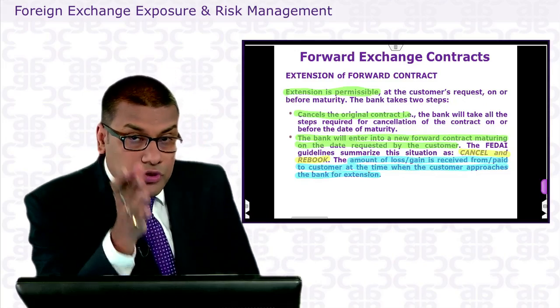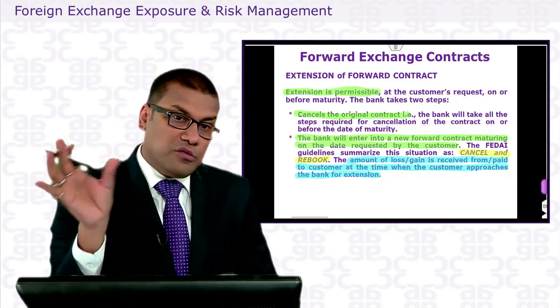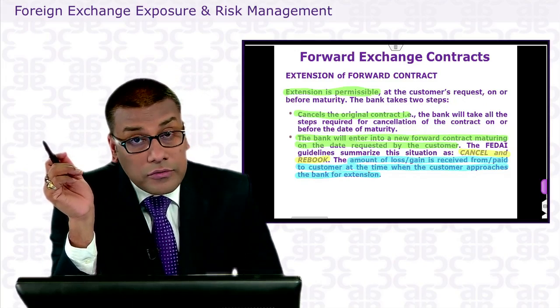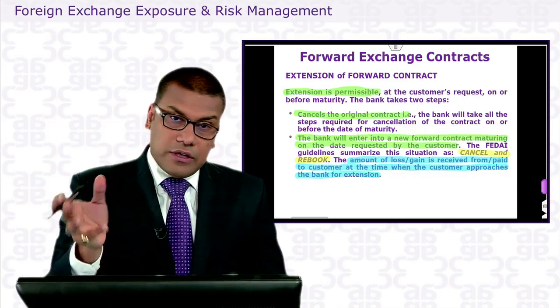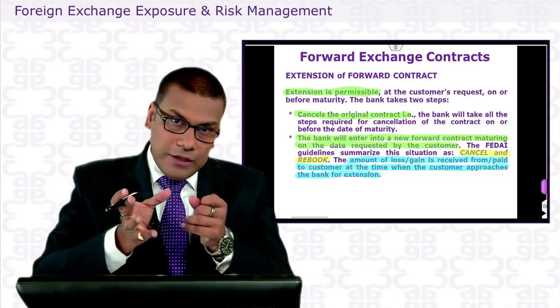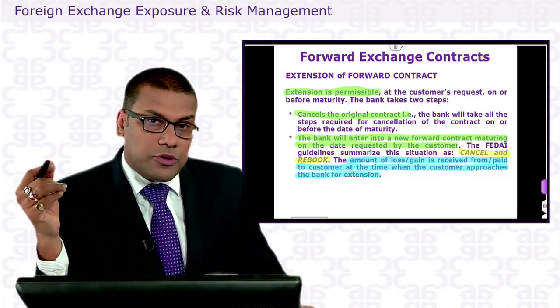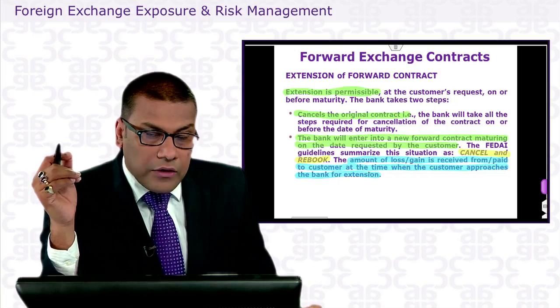So when you are approaching before maturity, say the 15th, at that time itself the loss or gain would be taken from or given to you. Okay, and obviously on the extended date the contract would be executed. So these all things are there. That means you enter into a forward contract with the bank because you had some risk to protect, you have some exposure to take care of.